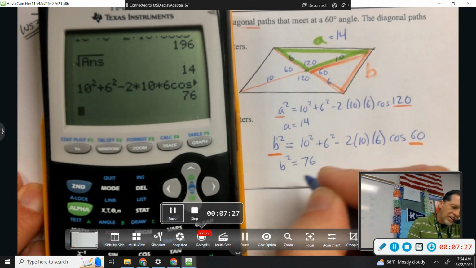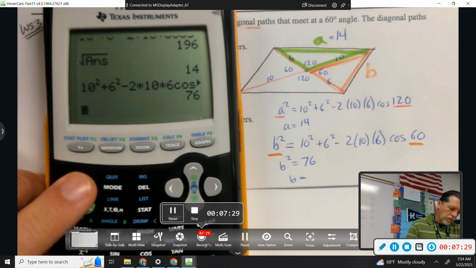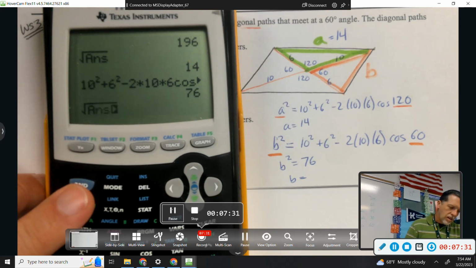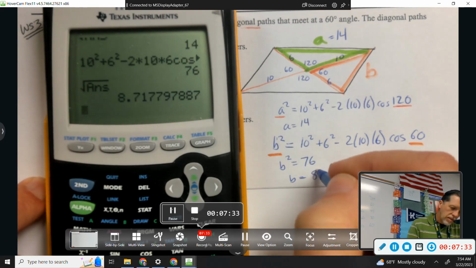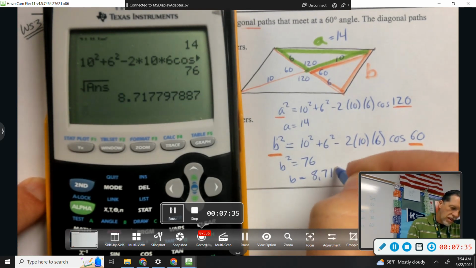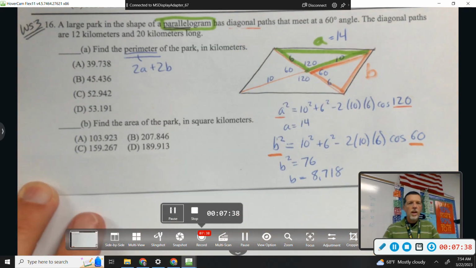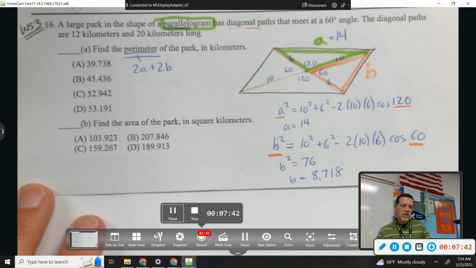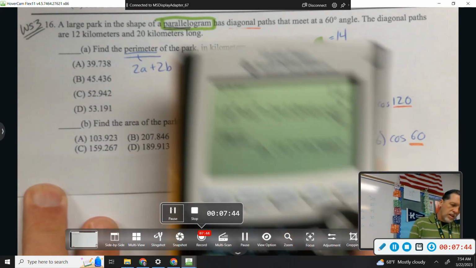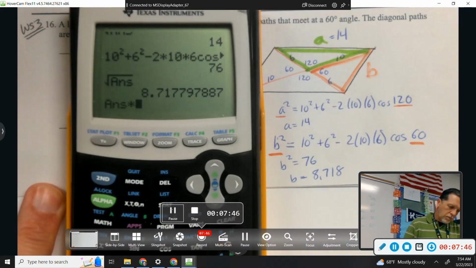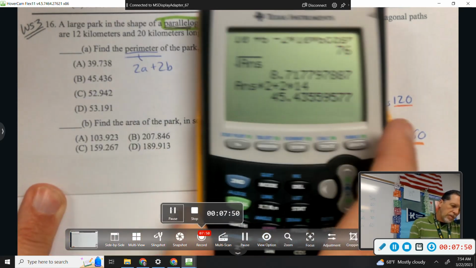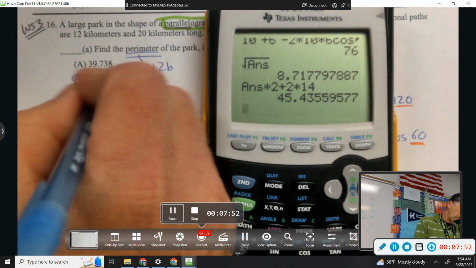I need to square root that. And then I need 2 of each of them. So times 2 plus 2 times 14, 45.436.